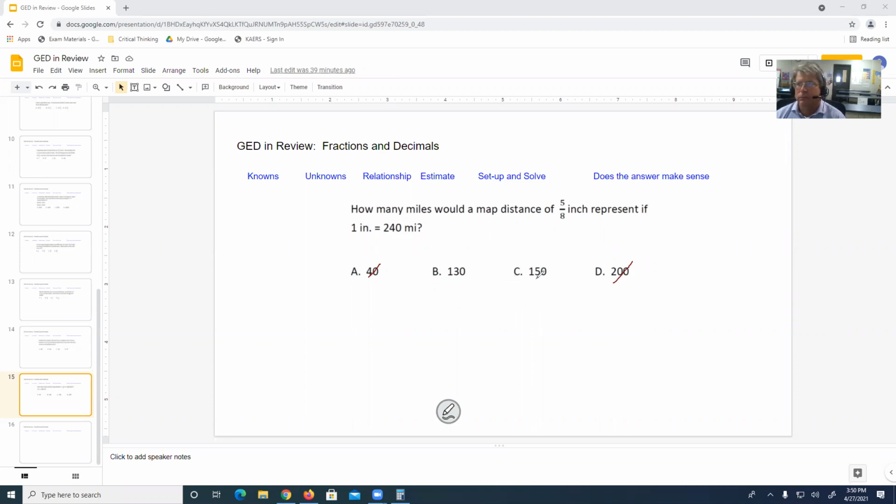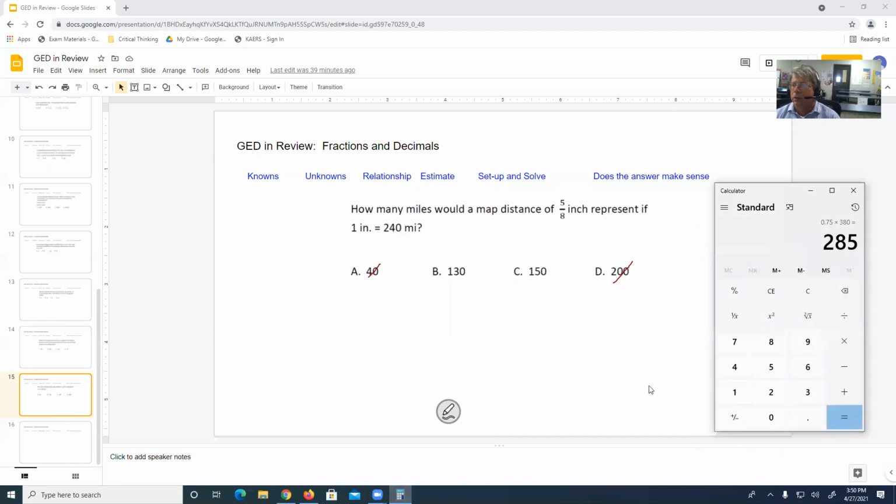Now, 5/8 is not a fraction that I'm familiar with. So what I can do is divide 5 by 8 on my calculator to make it a decimal. So if I clear that off and go 5 divided by 8, that gives me 0.625 inches instead, because that fraction is not very friendly to me. So I can go ahead and just divide it out and make it a decimal.